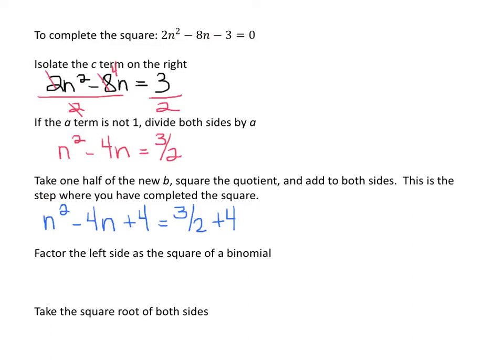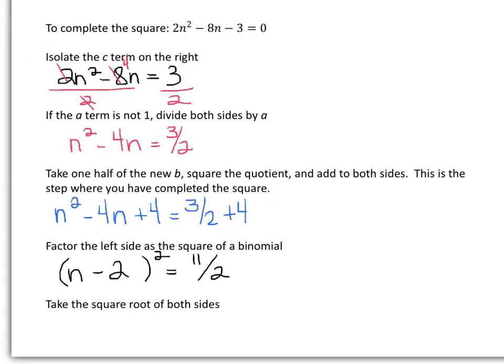So now we'll factor the left side because it's a perfect square. That would be n minus 2 squared, and that's equal to 5.5, so that would be 11/2. Finally, we'll take the square root of both sides because that cancels.